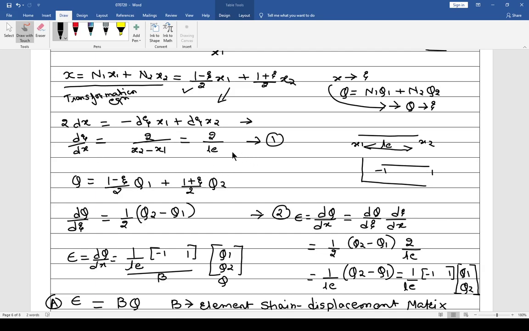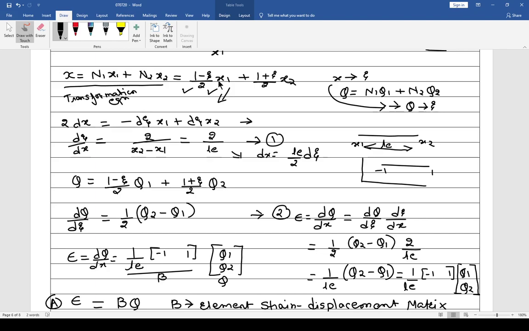So from this I could also write down dx equal to le by 2 d xi. This also I can write down.